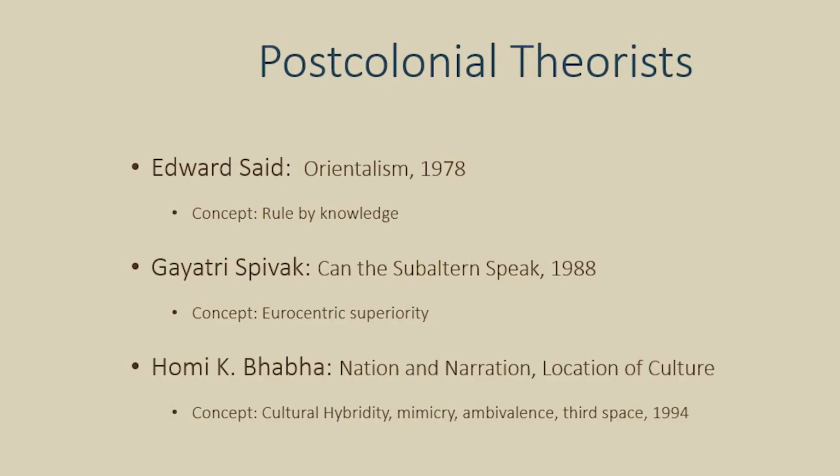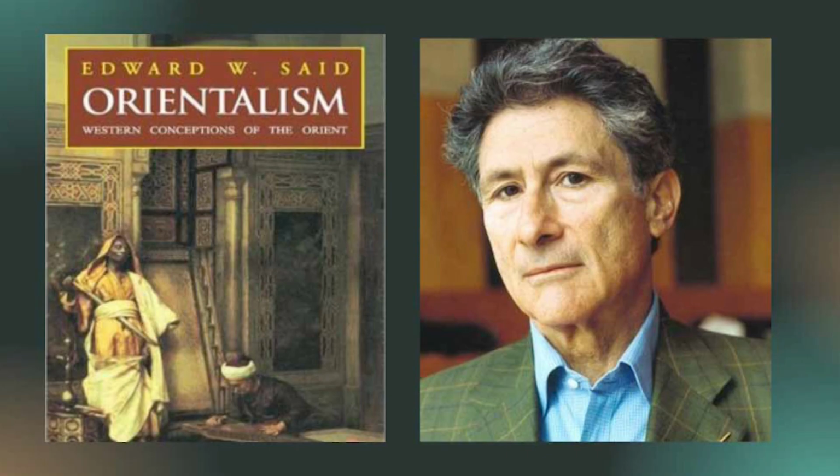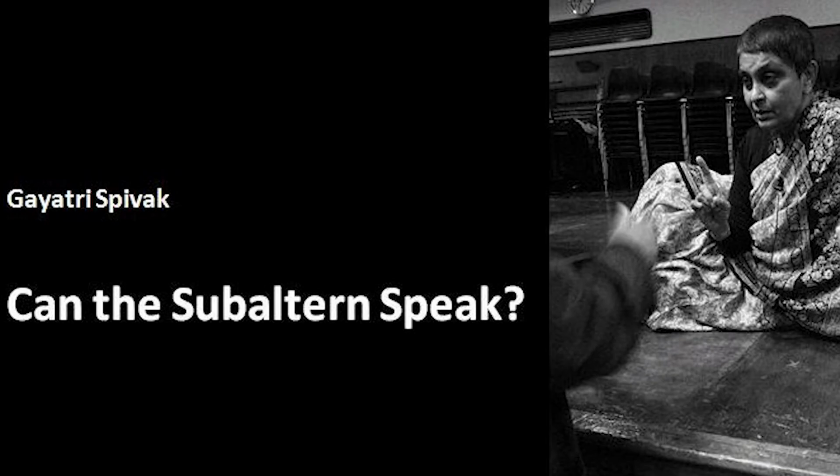सो नाउ मूविंग ऑन टुवर्ड्स द वेरी इंपॉर्टेंट पार्ट के इसमें फिलोसॉफिकल जो इंस्पिरेशन है उसमें तीन मेन स्कॉलर्स हैं जिनमें नंबर वन है एडवर्ड सईद और इनके जो वर्क्स हैं ओरिएंटलिज्म व्हिच वाज पब्लिश्ड इन 1978. और इनका जो कॉन्सेप्ट अगर हम उसको एक लाइन में मैं आपके साथ शेयर करना चाहूँ टू मेक इट शॉर्ट, रूल बाय नॉलेज. Then Gayatri Spivak, Can the Subaltern Speak?